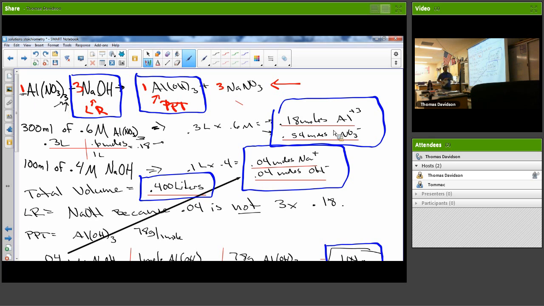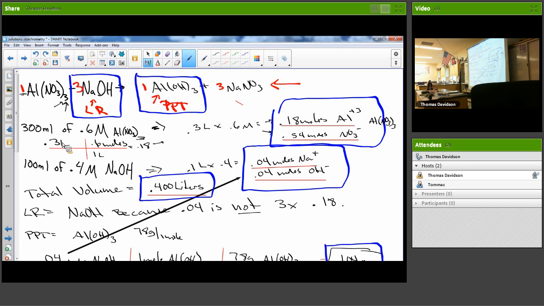I would certainly, if any of these didn't make sense, write a note to yourself that says, hey, this wasn't a number he pulled out of his head. It was a number that he multiplied this by 3 because it was a 3-to-1 ratio. All right, so that was the initial moles of aluminum and nitrate ion.